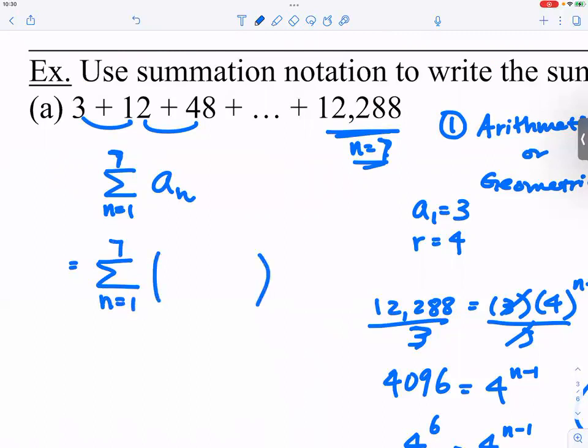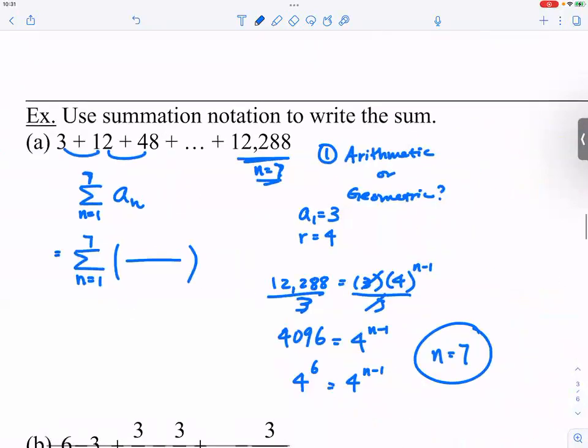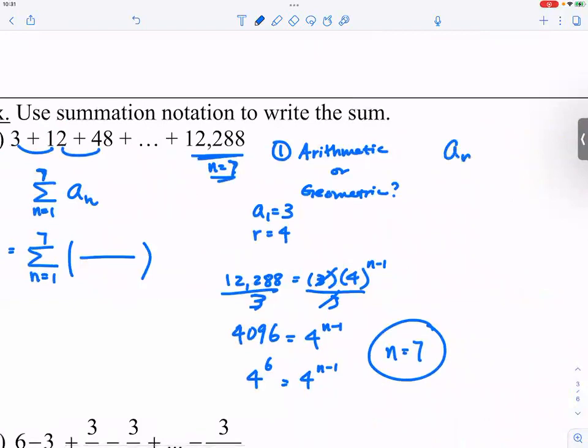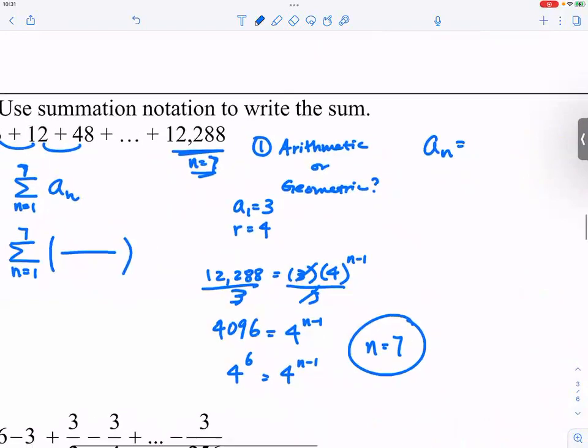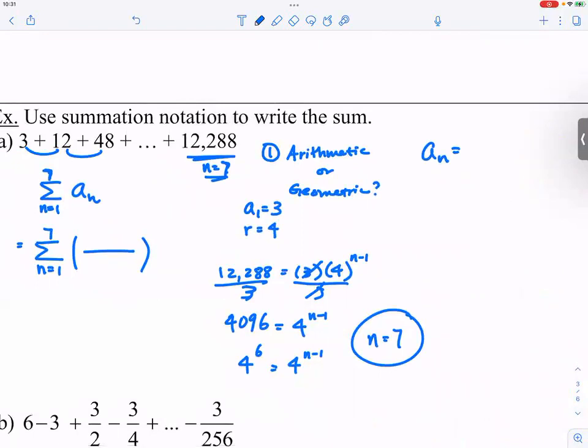And what's the nth term expression for the geometric sequence? Based on what we had before, I'm going to write this down over here in case you forgot. The sum Sn for a geometric sequence is a1 times (1 minus r to the nth power) over (1 minus r).